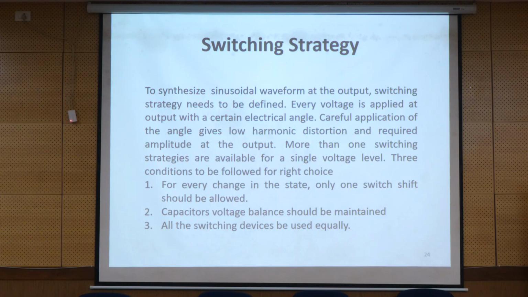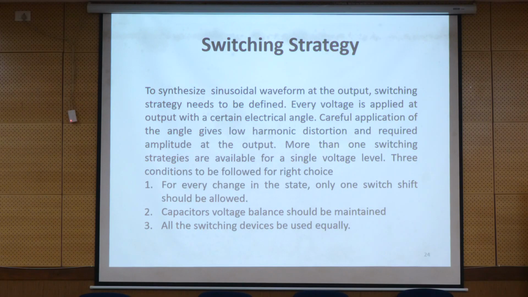Most researchers are working on switching strategies to get the required output voltages. More than one switching strategy is available for a single voltage level. This is the redundancy, the beauty of it. In space vector pulse width modulation, for getting zero output, how many switching states are there? Two.